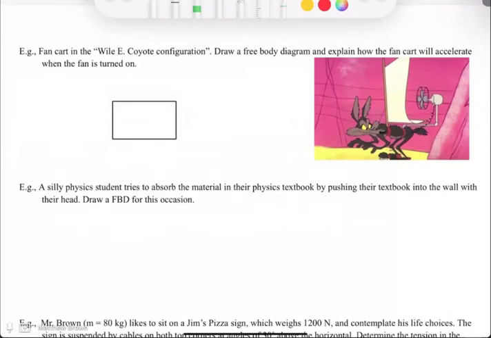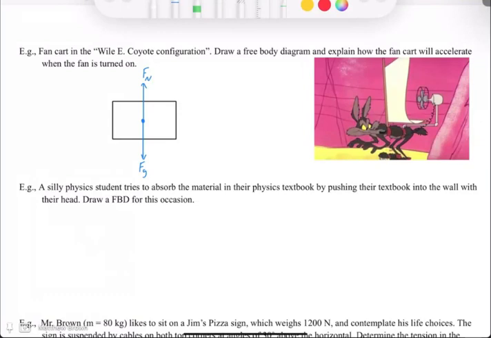Well, we know we've got gravity. We've got it on some sort of surface here, so there's a normal force on this as well. And then we've got this fan here, right?